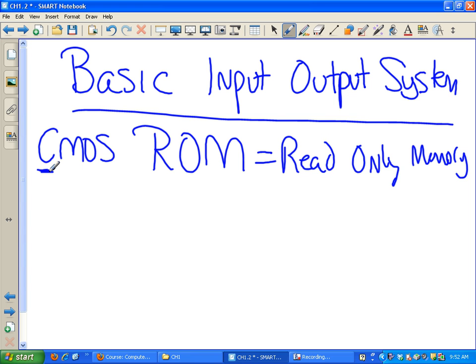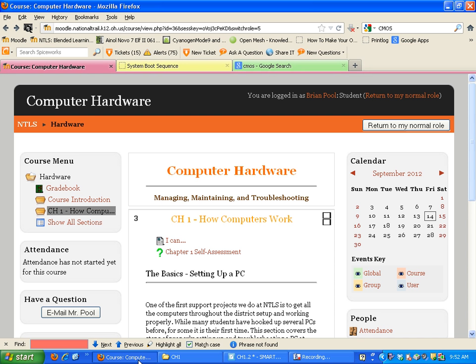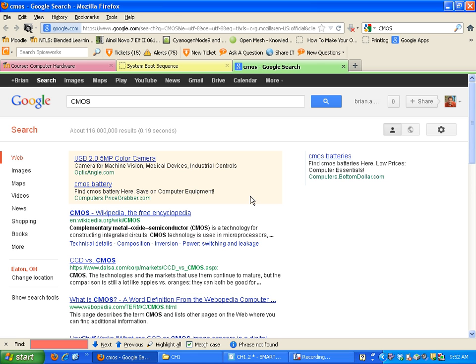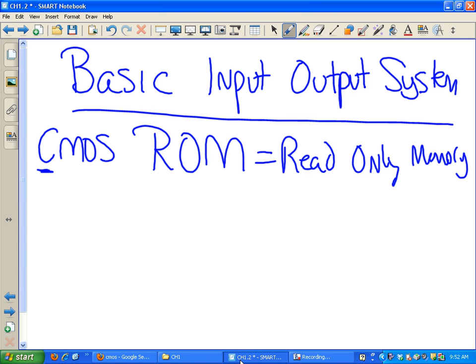It stands for, I can't even remember, something metal oxide. I had to Google it earlier. It stands for complementary metal oxide semiconductor. I'm never going to ask you that question. Never going to ask you that question. It's called CMOS ROM, and it's where BIOS lives. BIOS loads from CMOS ROM and starts to do some stuff.